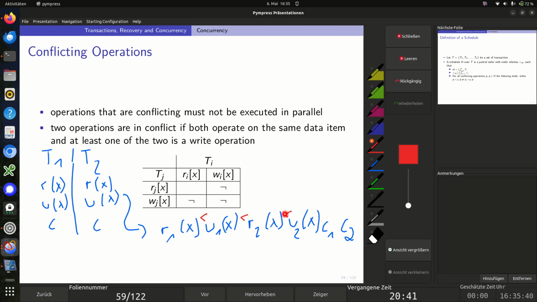So these are all the conflicts, and therefore this must be the schedule, and we cannot rearrange the operations so that we have the same value.